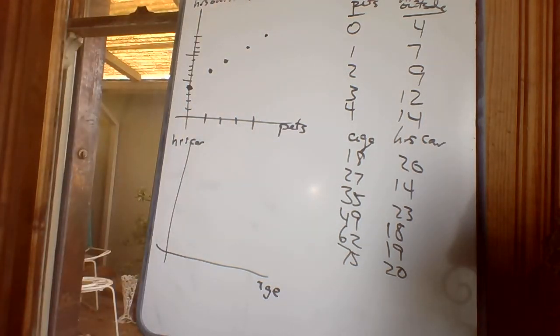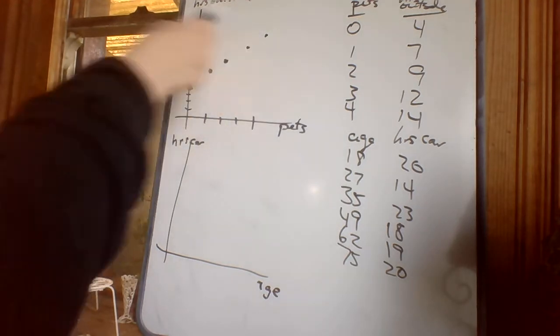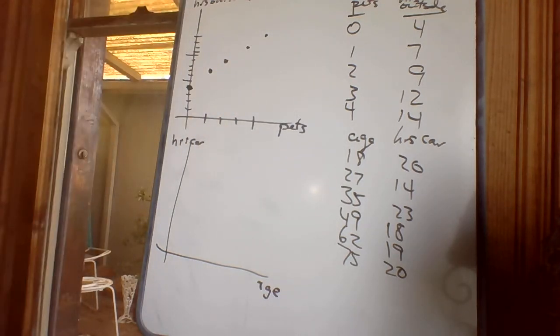It's not a perfect line. It's pretty close, really. There might be a little bit of a wiggle to it, but I can definitely see some kind of relationship. I could say the more pets you have, the more time you spend outside, which might make sense because you have to take the dog for a walk.